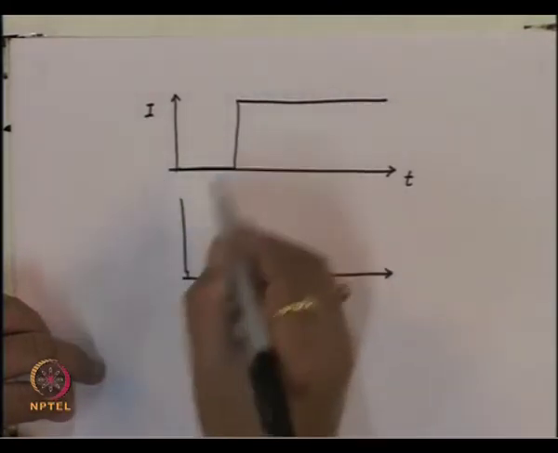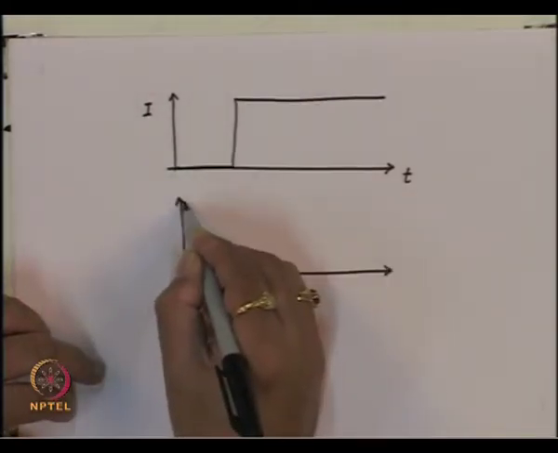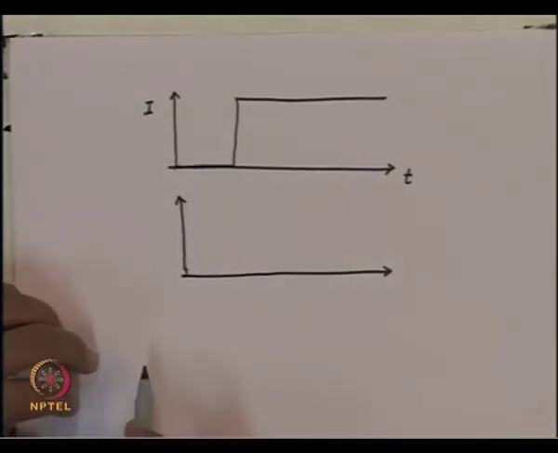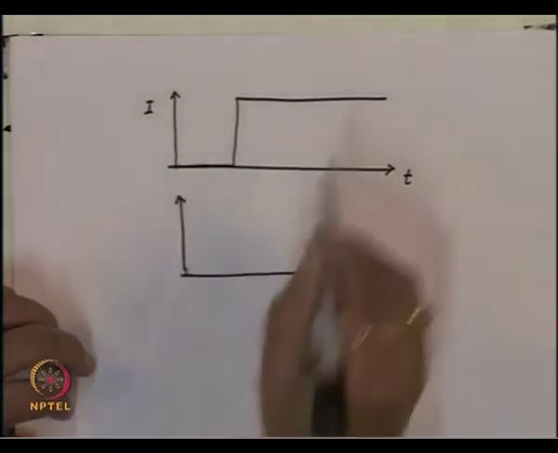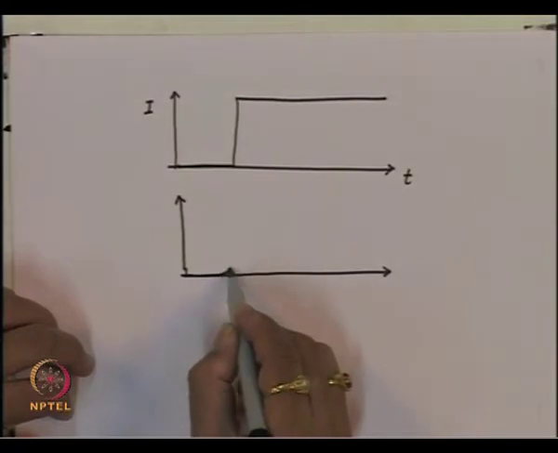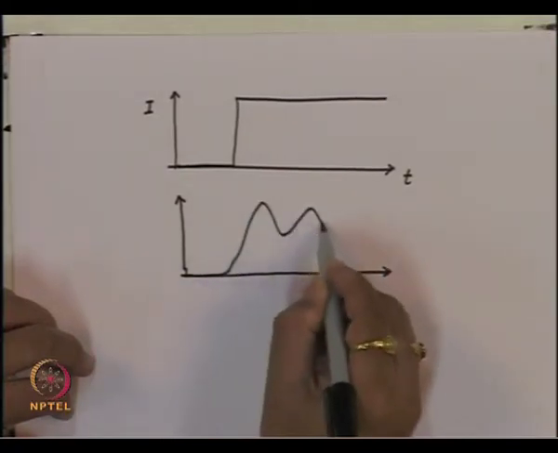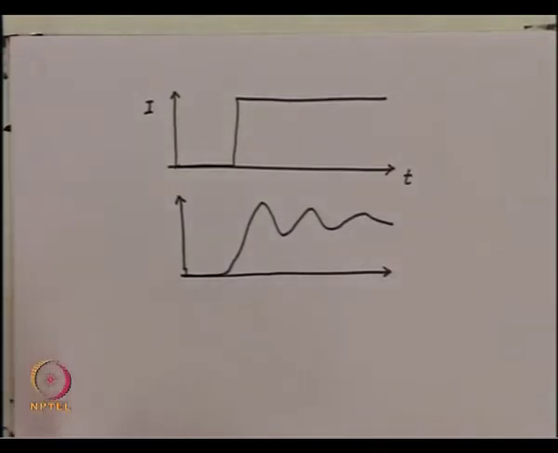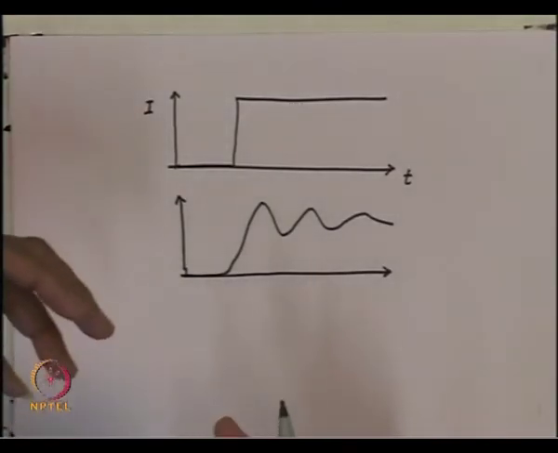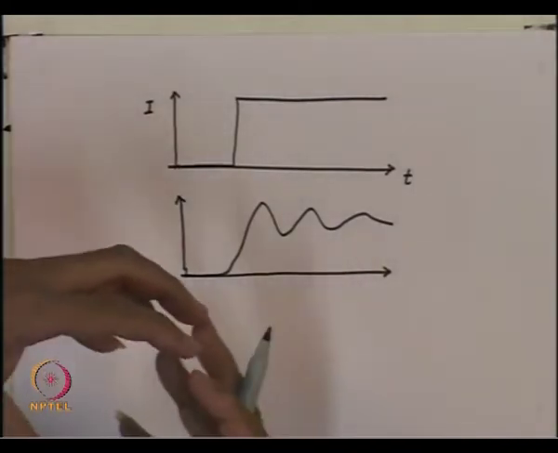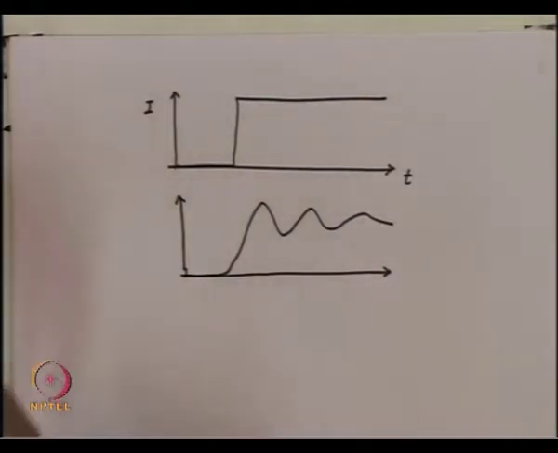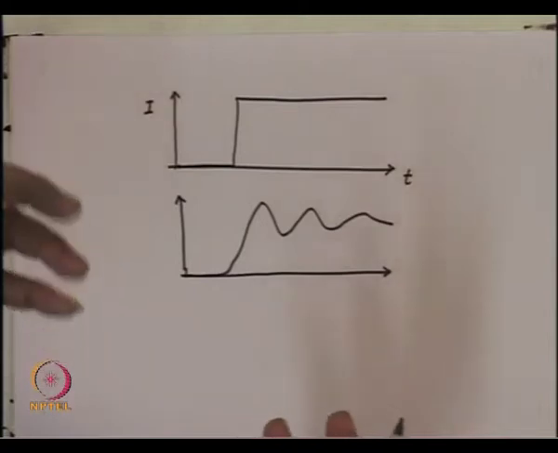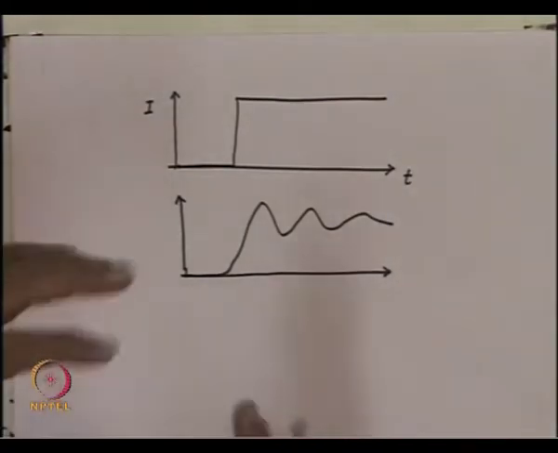So, for this current application, we do not get an optical power which will be just like this. You will see some kind of oscillation which will take place, and after some time it will get a stabilized value. So, you will get population inversion, more electron hole pairs will recombine and give you light, but when they start giving more light, you will have a shortage of electron hole pairs which will reduce the gain.